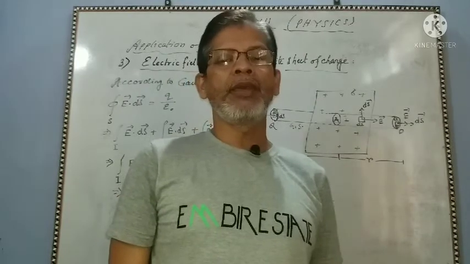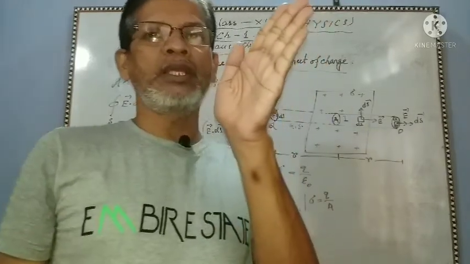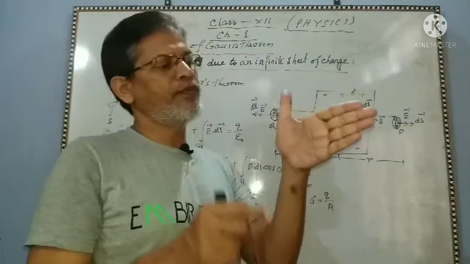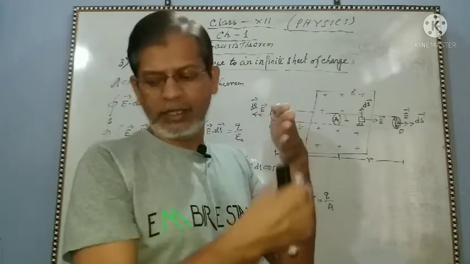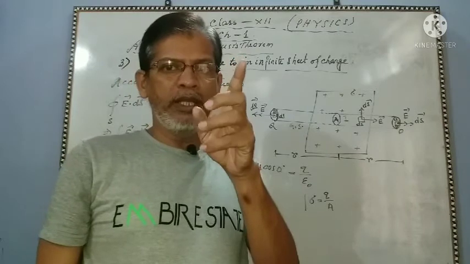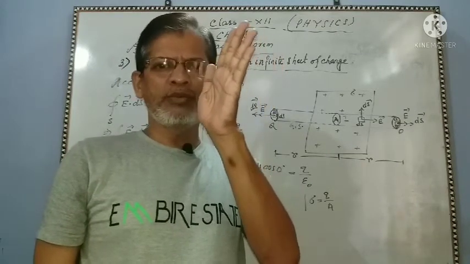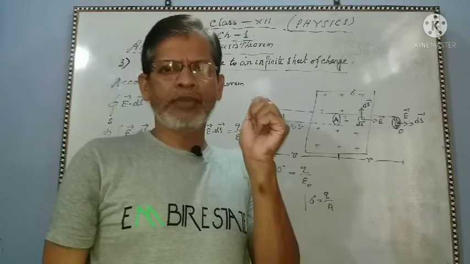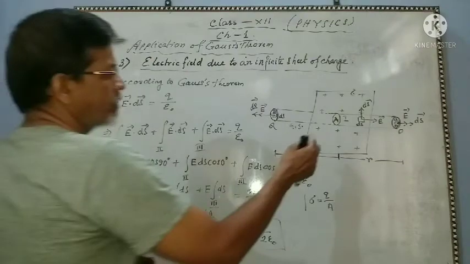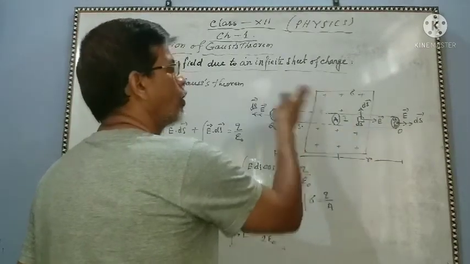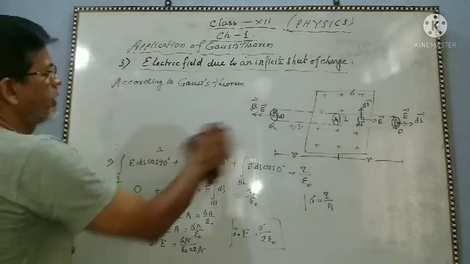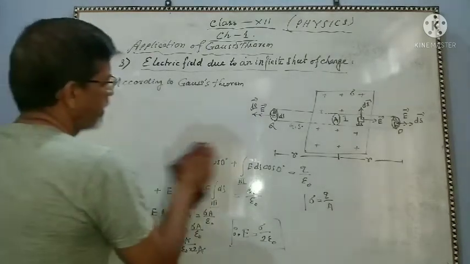And if this is a plate of finite thickness, suppose a plate has a thickness like this, whereas a sheet of paper has very little thickness. So in the case of a plate, we have to take this side and also the opposite side.